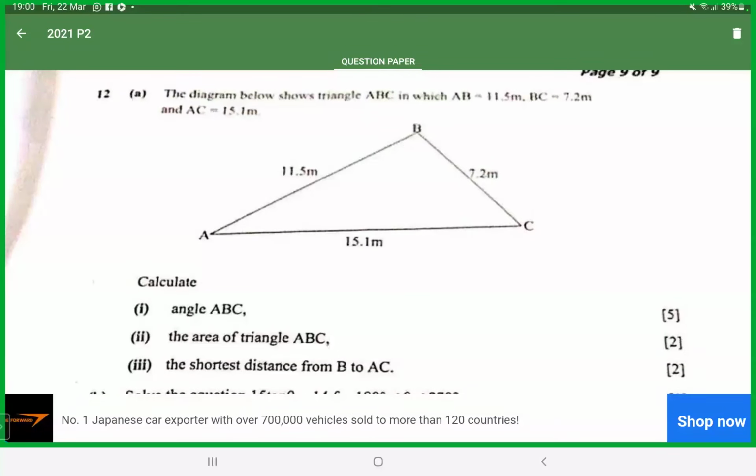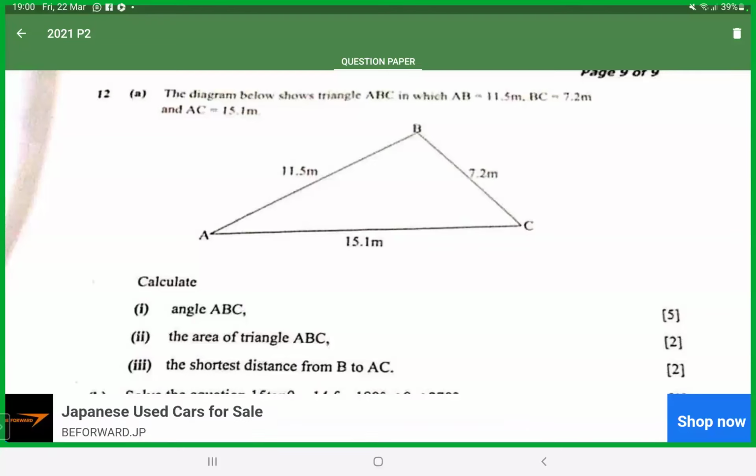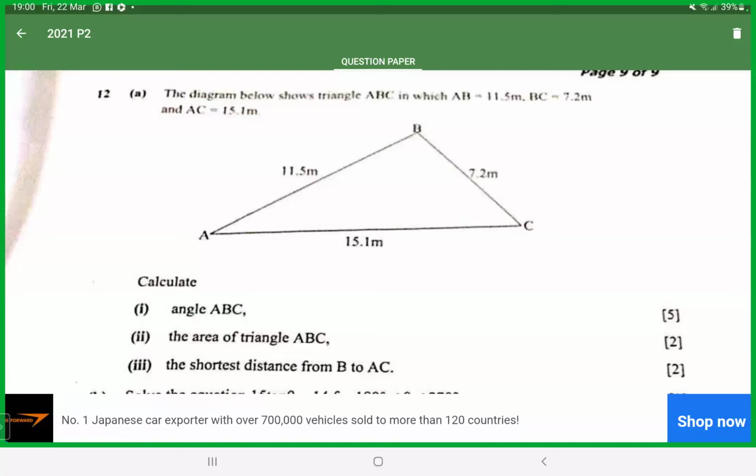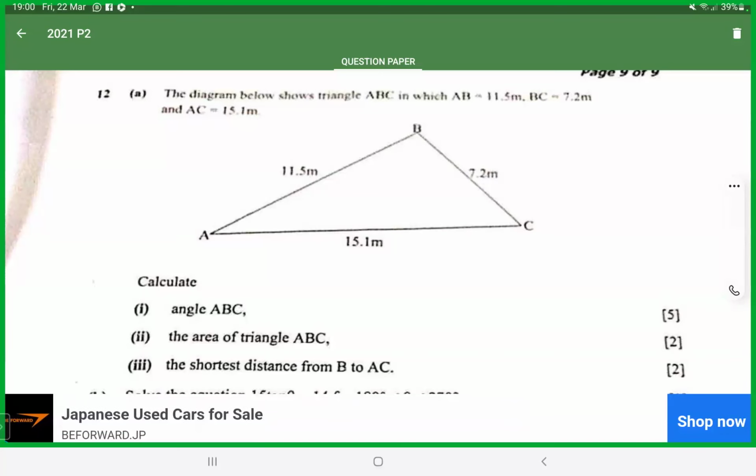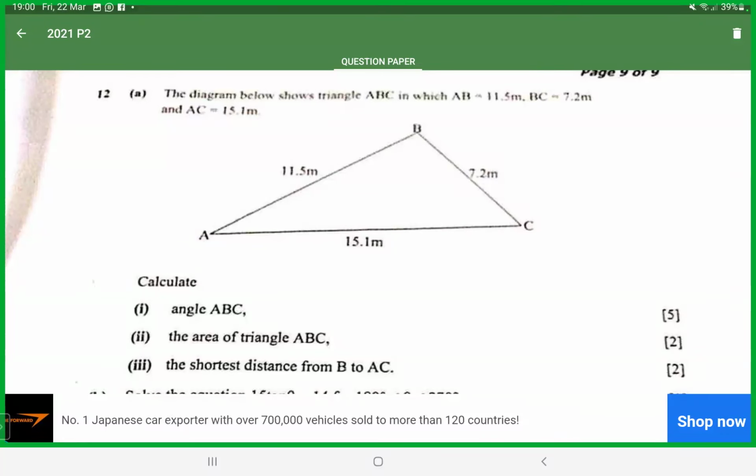What rule are you going to use here? I want you to find the area. They want you to find the angle, the area, and the shortest distance. What rule do you think you're going to use there?